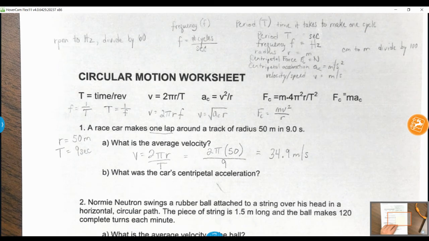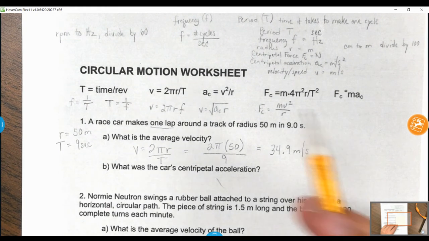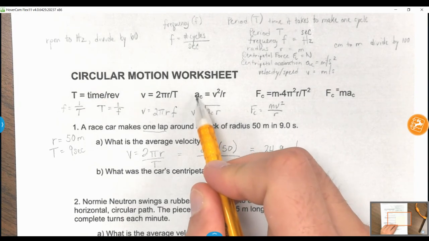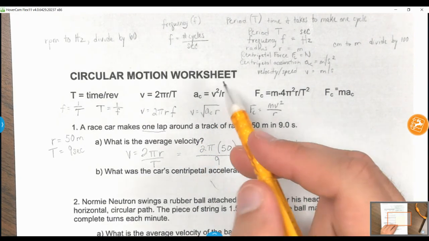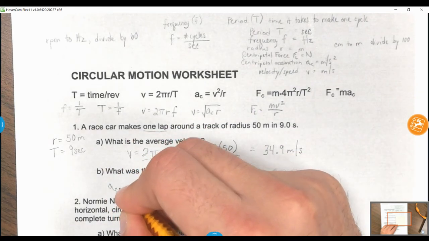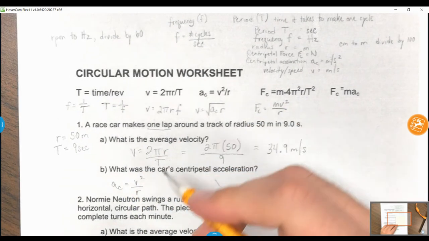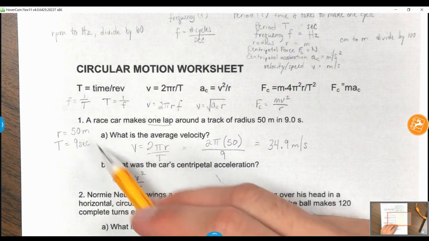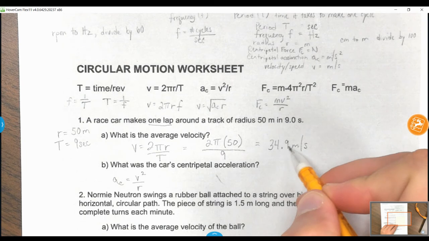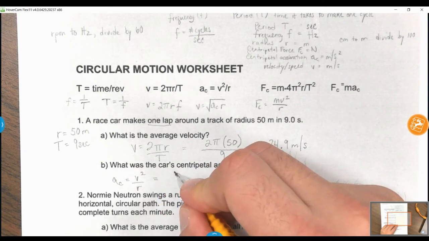All right. Well, what is the centripetal acceleration? Our equation for that is v squared divided by r. We definitely have r still, which was 50, and we just solved for v. So we have to use this 34.9 as our value for that velocity component.